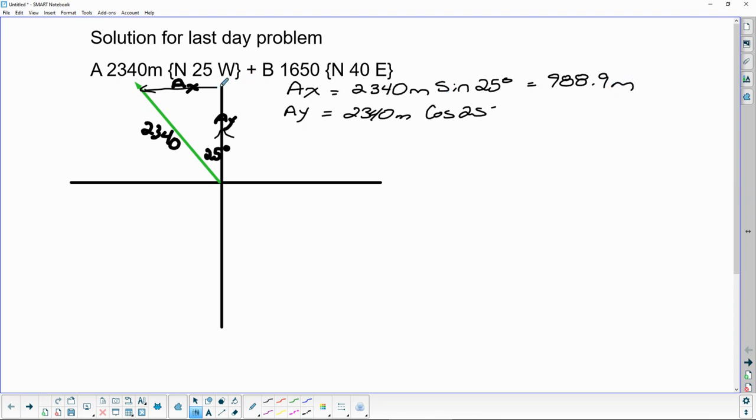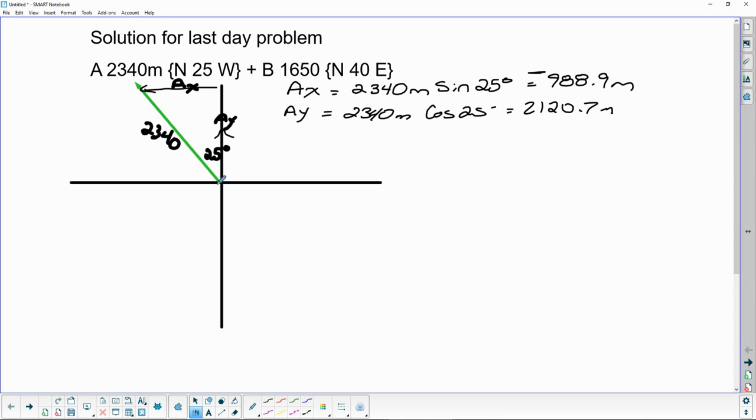Okay, the direction that is pointing is in the negative direction. It's going backwards. And AY, 2340 times the cosine of 25. That gives us 2121 almost, or 2120.7. And that's in the positive direction. So there's 2 components.